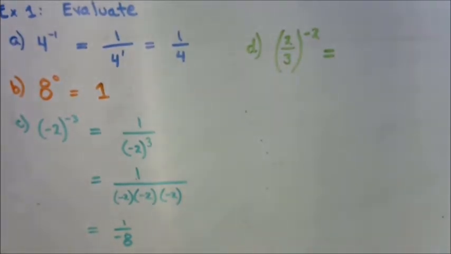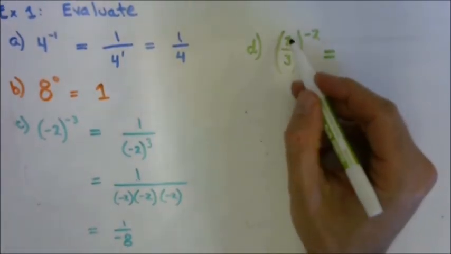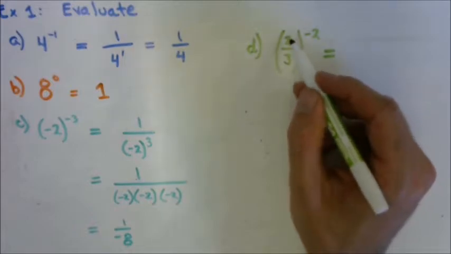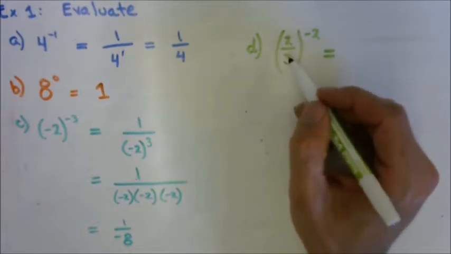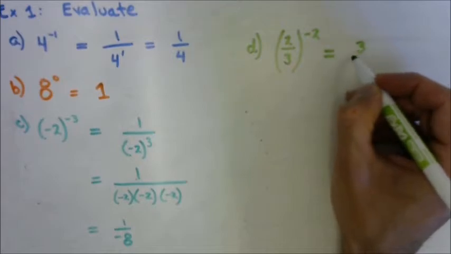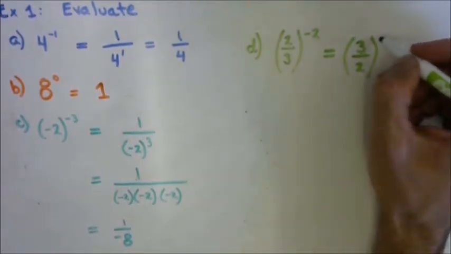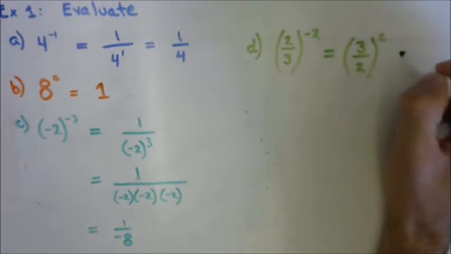We use the reciprocal raised to the positive power. So the reciprocal of my base is what? Instead of 2 over 3, it's going to be 3 over 2. And instead of having a negative exponent of negative 2, we're going to have positive 2.